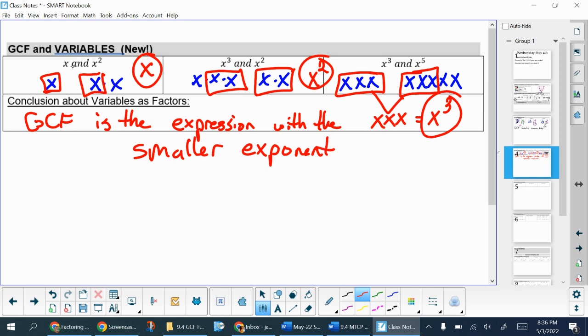So when you've got x squared and x, we just pick the smaller one, x. X to the third, x to the fifth, we pick the smaller one, x to the third. If you've got x to the 17th and x to the 53rd, the greatest common factor of those two is x to the 17th. You don't have to do anything. You can tell just by looking at them, which is great.